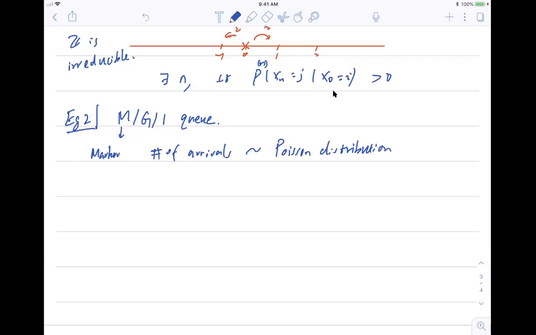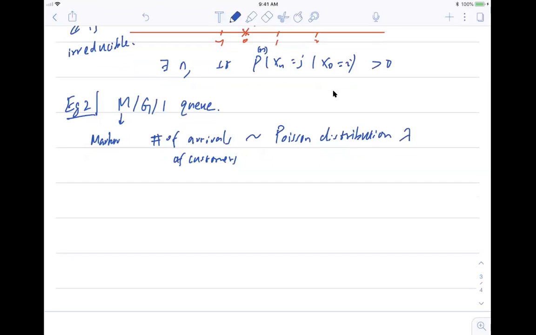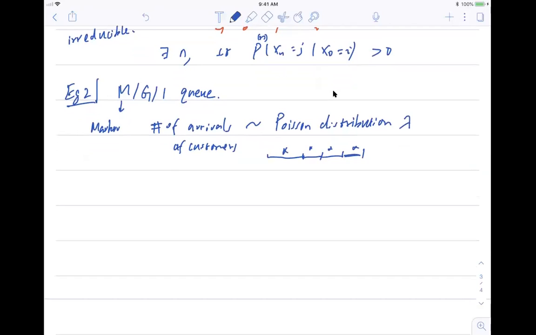We use this model for modeling that you have a lot of people coming to a server and waiting there to get served. The number of arrivals of customers satisfies a Poisson distribution. Markov basically just means the number of arrivals in different intervals are independent.